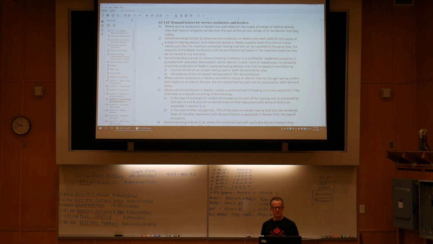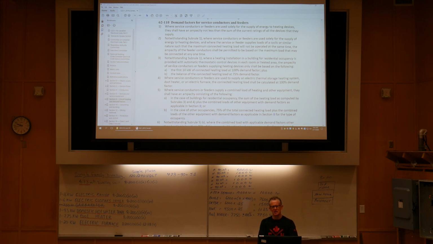It also has the notwithstanding subrule 1. Notwithstanding subrule 1, where a heating installation in a building for residential occupancy is provided with automatic thermostatic control devices in each room or heated area, the ampacity of service conductors or feeders supplying heating devices only shall be based on the following: A, the first 10 kilowatts of connected heating load at 100% demand factor, plus B, the balance of the connected heating load at 75%.